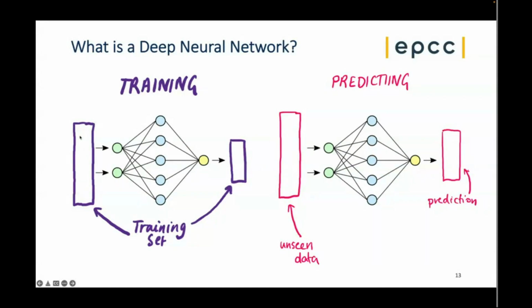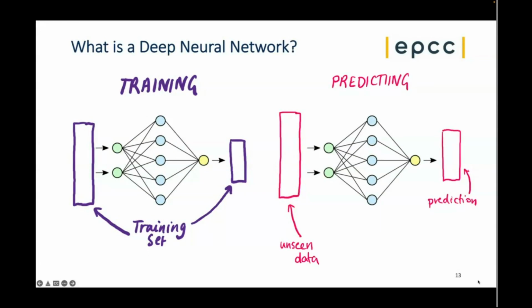So the training data is used to train the model on both sides, and I'll show how that's done. And then once we have built and trained the model, we can take unseen data, put it in at this side, and we get a prediction out at the end.